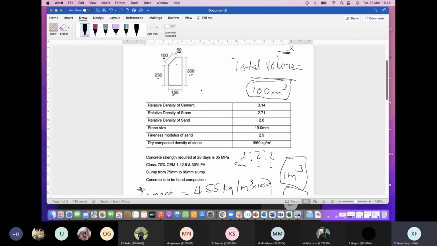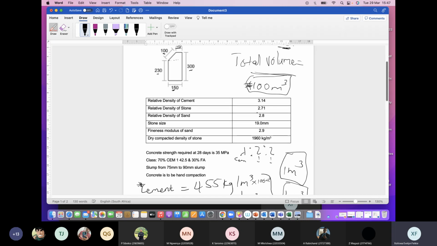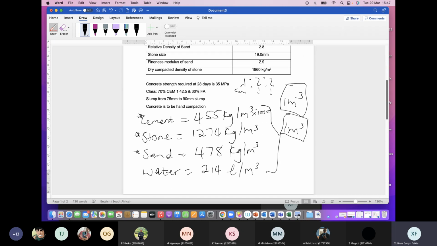I've already determined my volume hypothetically, and the total volume that I get is 100 meters cubed. Then I apply that here. Why? Because the values that you got here are kilograms per meters cubed. So you will need 455 kilograms of cement to produce 1 cubic meter. But if you have 100 cubic meters, then you will times that by 100.